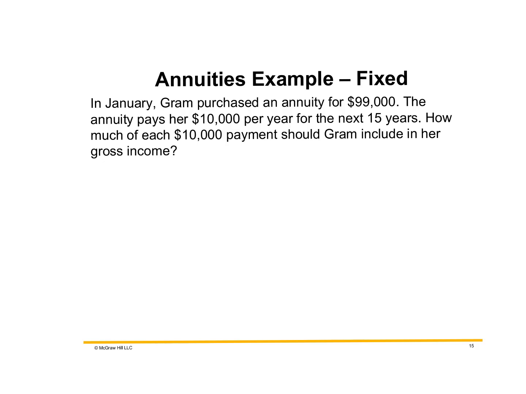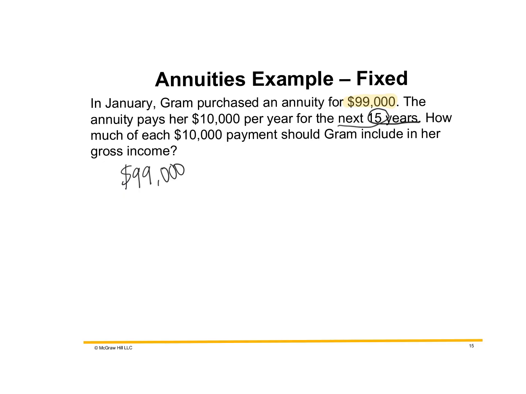So our original purchase amount is the $99,000. And then we know we're supposed to be receiving 15 years of payments.